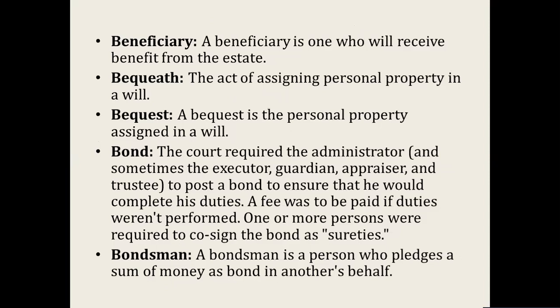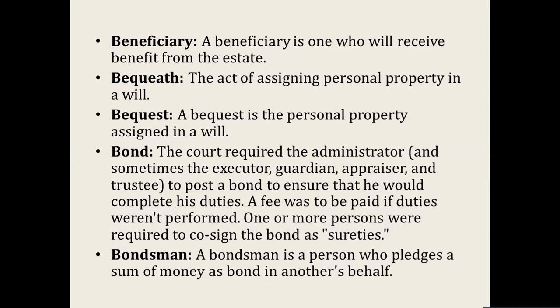A bond, the court required the administrator, sometimes the executor, guardian, or appraiser, to post a bond to ensure that he would complete his duties, or she. So a fee was to be paid if these duties were not performed. One or more persons were required to co-sign the bond with sureties.